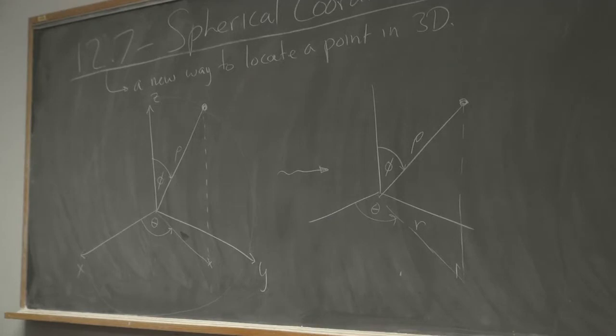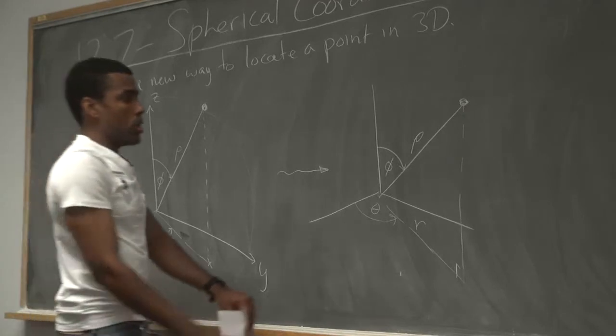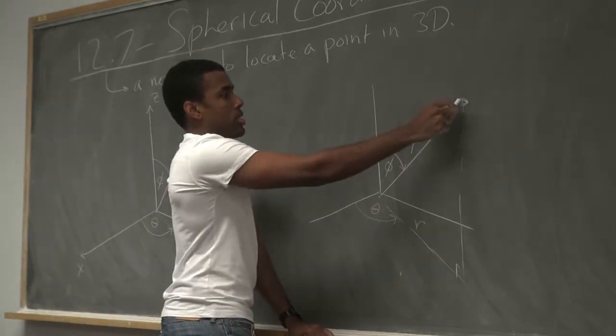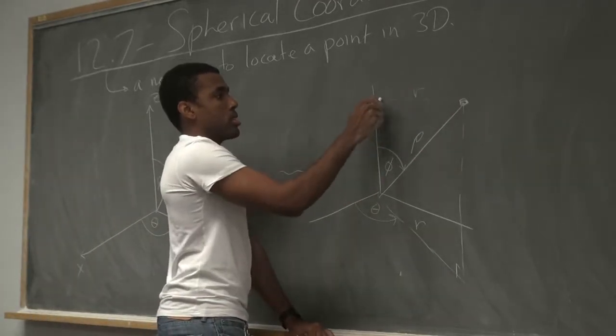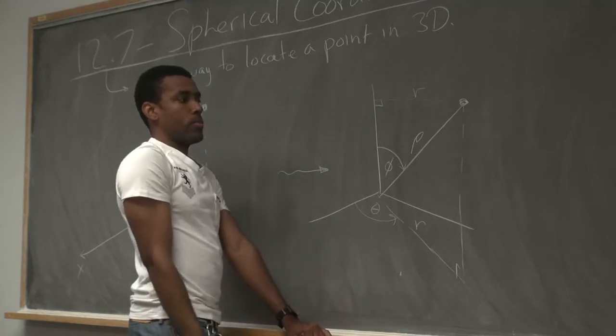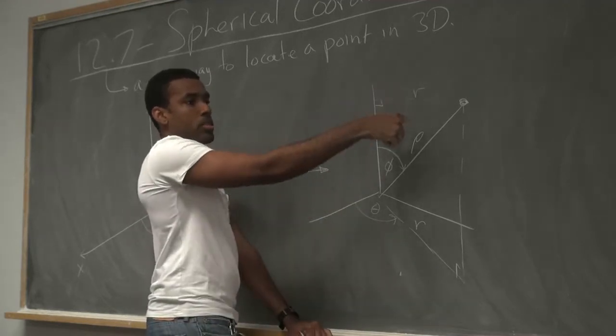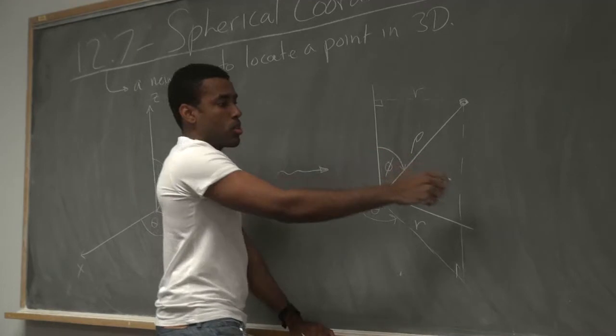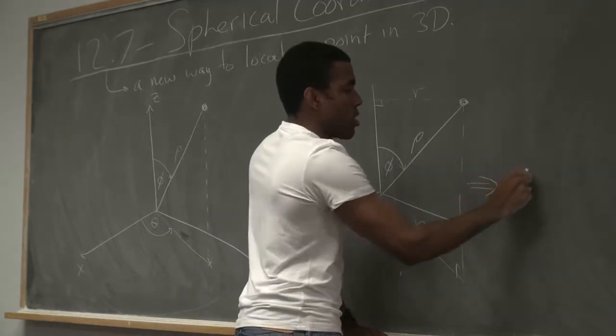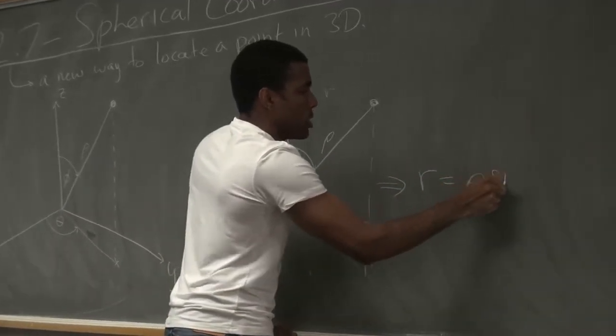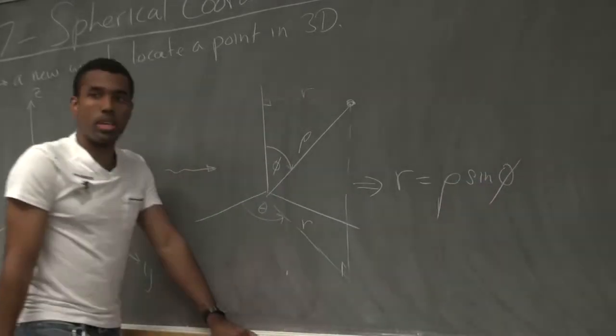Rho sine phi. I can sort of project, it's going to be the same thing here, right? And then sine of this is opposite over hypotenuse. So in other words, I could derive that r is actually just rho sine of the angle phi.